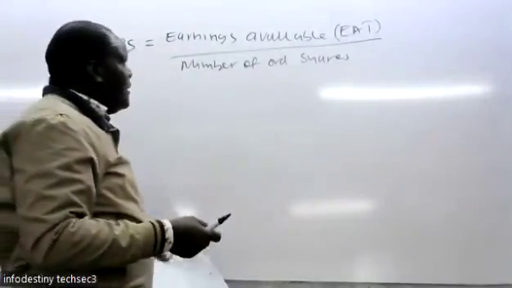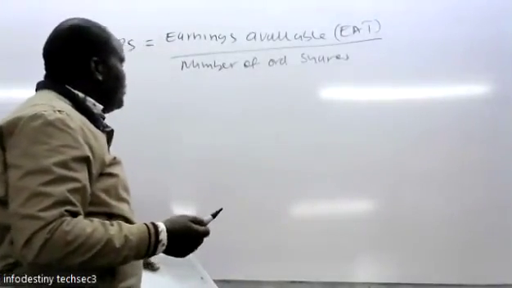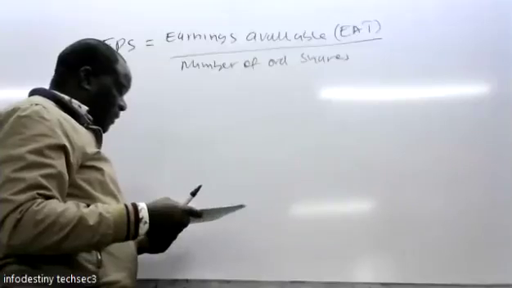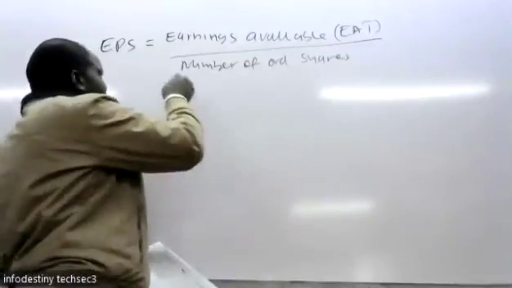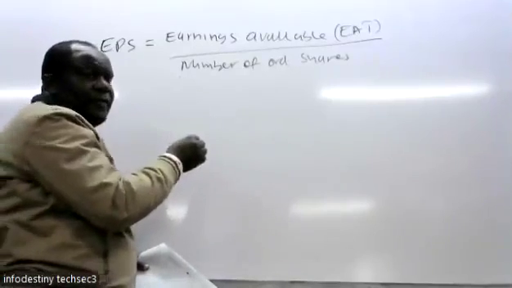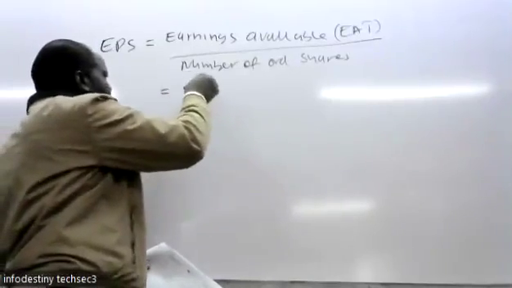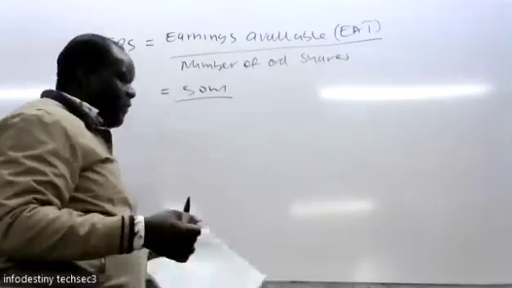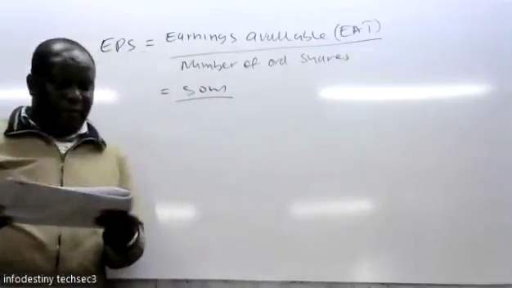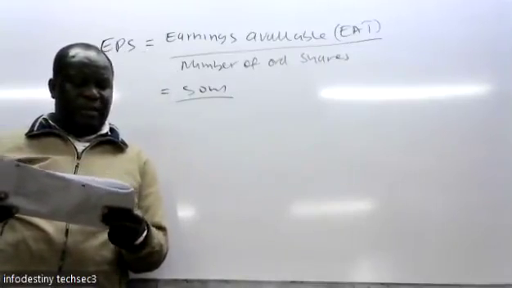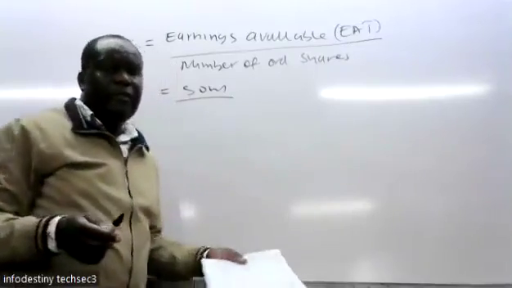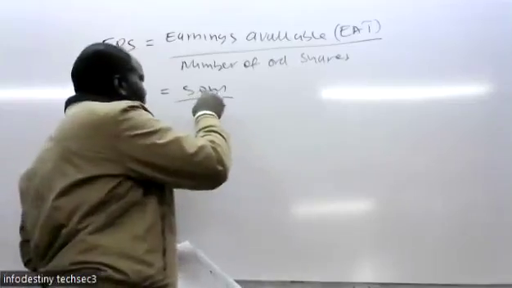So for the first item, we check through the question. They gave you the after-tax profit, the 50 millions. So we take the 50 millions and divide by the number of issued ordinary shares, which is 10 millions.